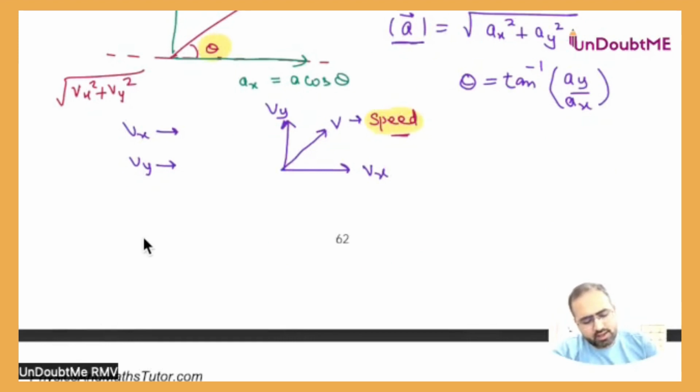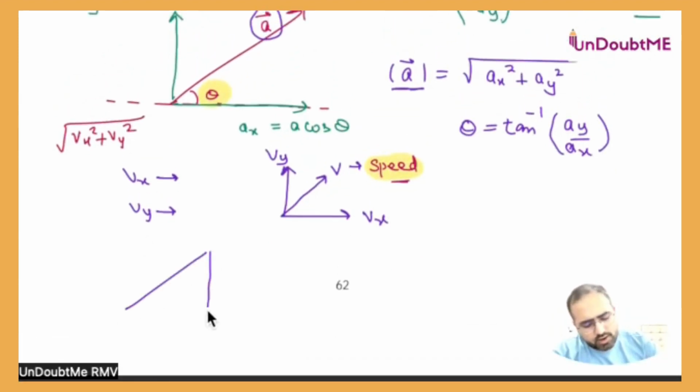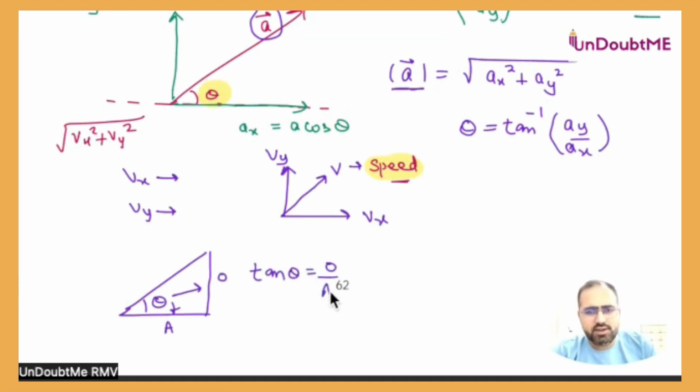Because technically, when we talk about a triangle, let's say this is theta. The side which is opposite to this theta, let's say this is O, and the side which is adjacent to this theta, it will be A. So as per SOHCAHTOA of trigonometry, we know that tan theta is opposite over adjacent.